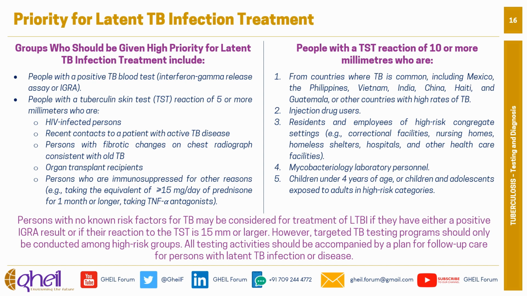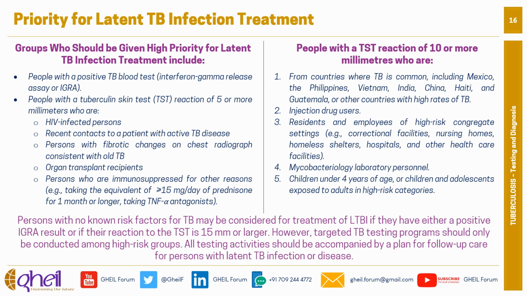As of 2018, there are 4 CDC recommended treatment regimens for latent TB infection that use isoniazid, INH, rifapentine, RPT, and or rifampin, RIF. All the regimens are effective.